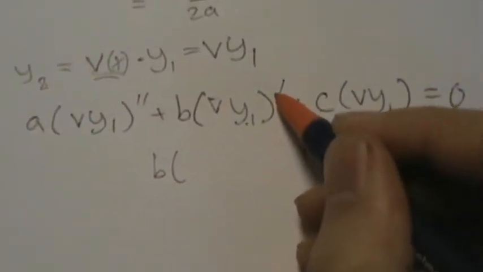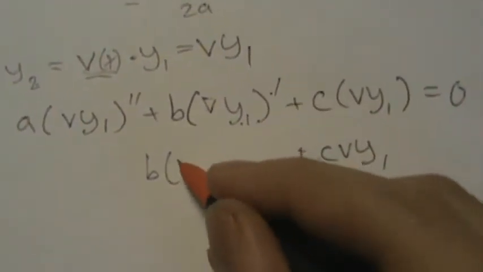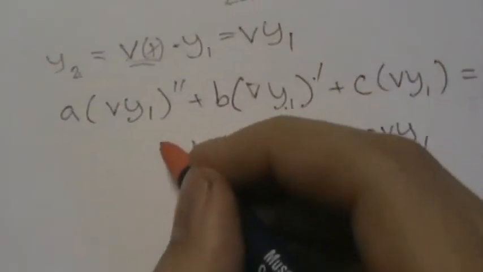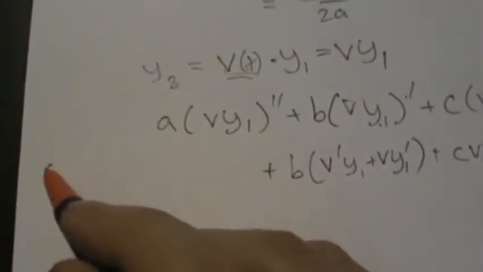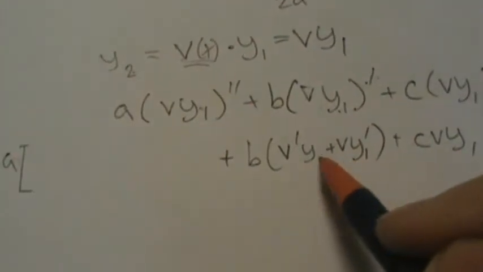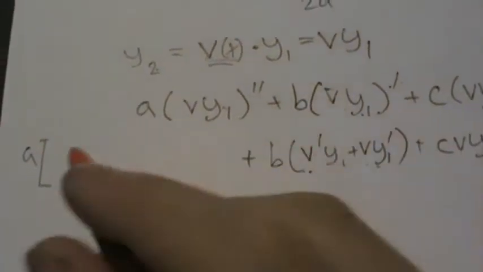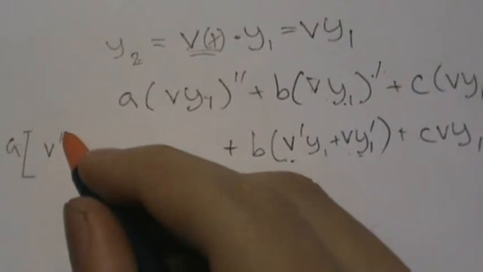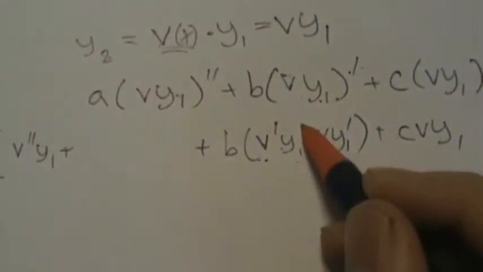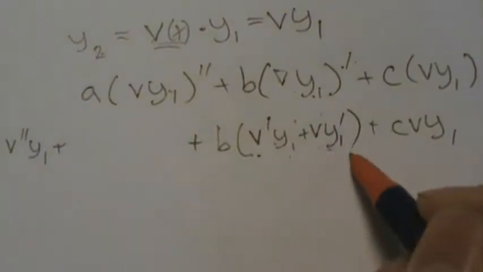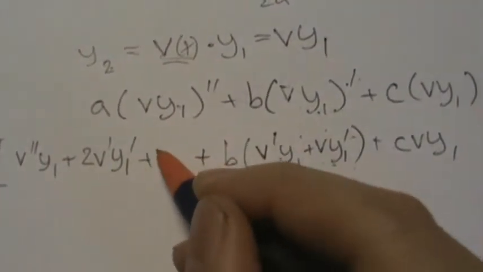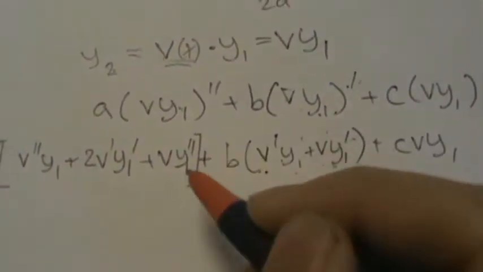So we have v prime y1 plus v y1 prime. Well, that's not bad. Now we differentiate again, so we have v double prime y1 plus v prime y1 prime plus v prime y1 prime. So we have 2 v prime y1 prime plus v y1 double prime, right?